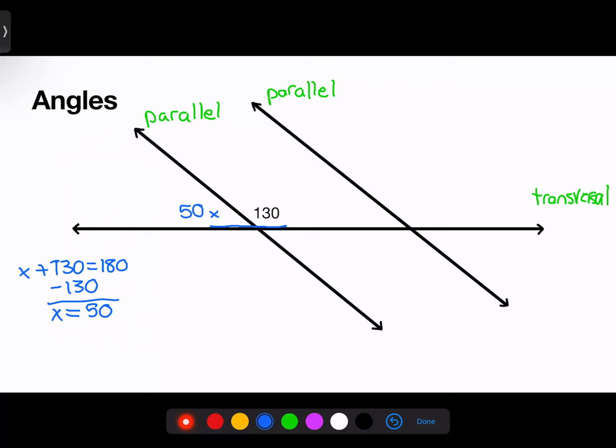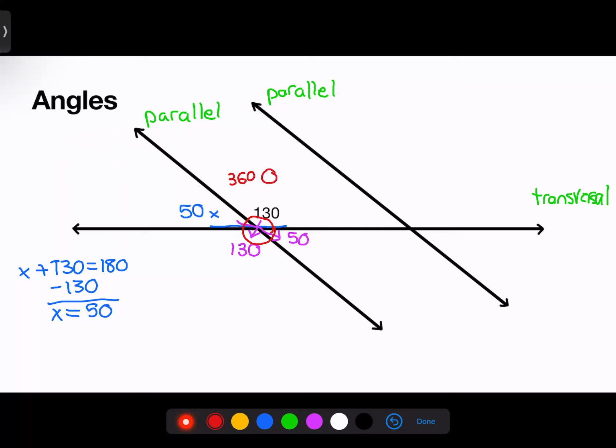Another rule is that opposite angles are the same. So if this is 130, then this is 130 as well. This will also be 50. You can also see that if we added all of these values together here, we would get 360 degrees, or a circle.